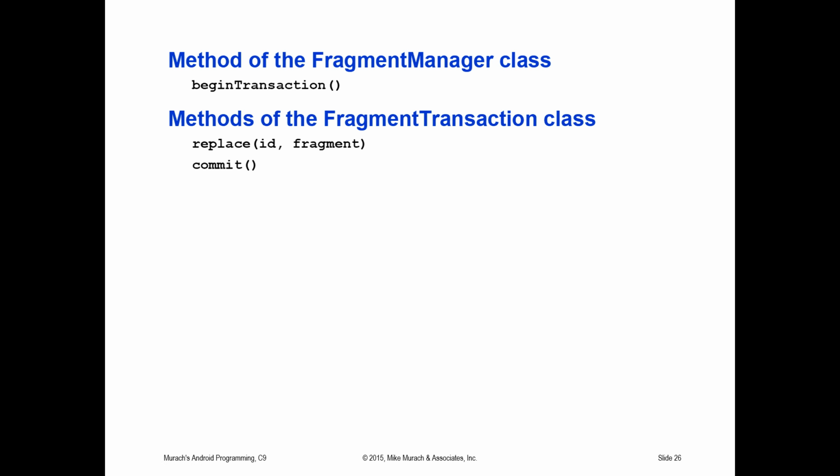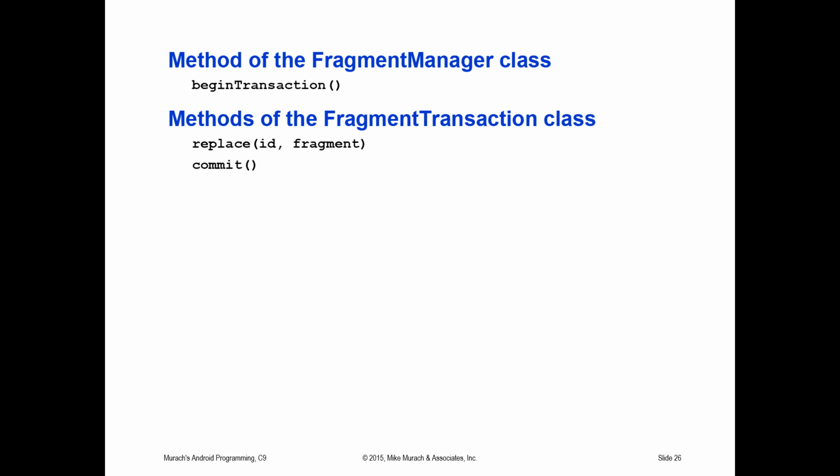And finally, on pages 280 and 281, Figure 9.11 on page 281 shows how to use Java code to replace the content of a container with a fragment. Here the fragment named settings fragment replaces any other fragments that might be in the content container for the activity.